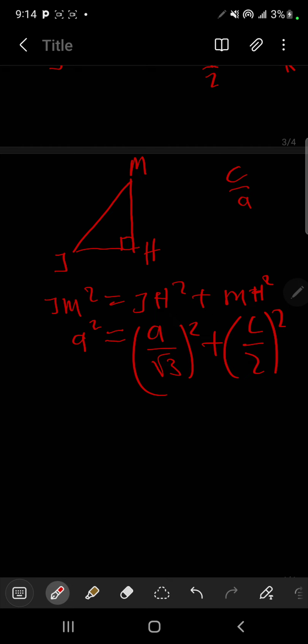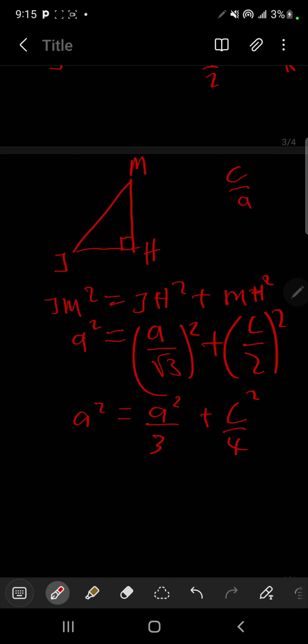So we just need to somehow manipulate this and make sure that we make c over a the subject of the formula and everything else on the other side. So if you square, you just get a squared over 3 plus c squared over 4. And if you do your algebra very well, this is simple mathematics.